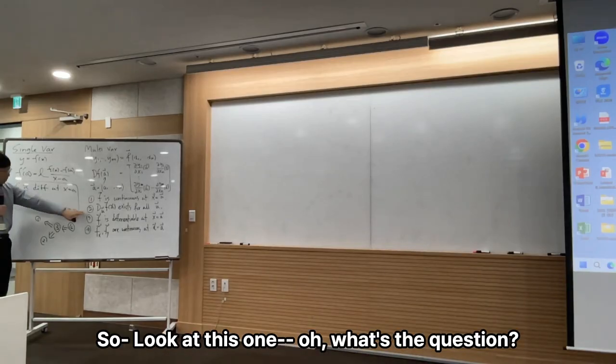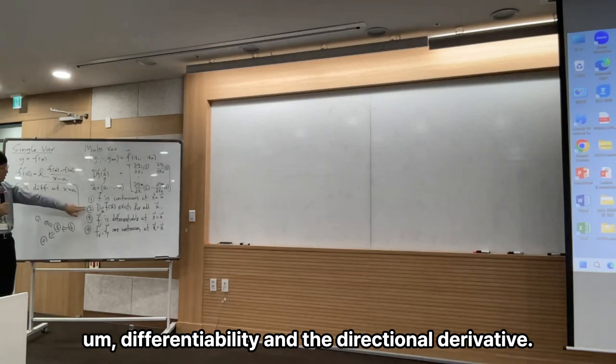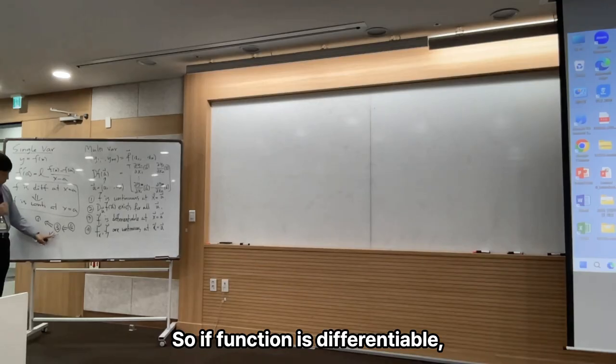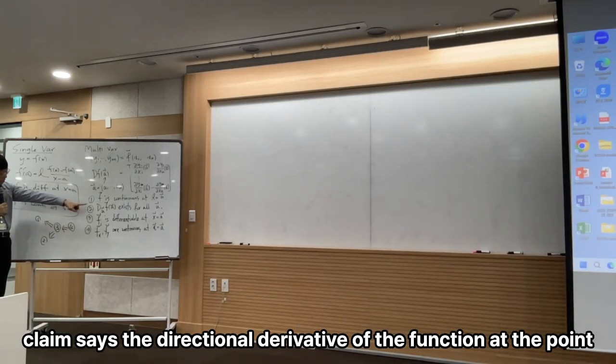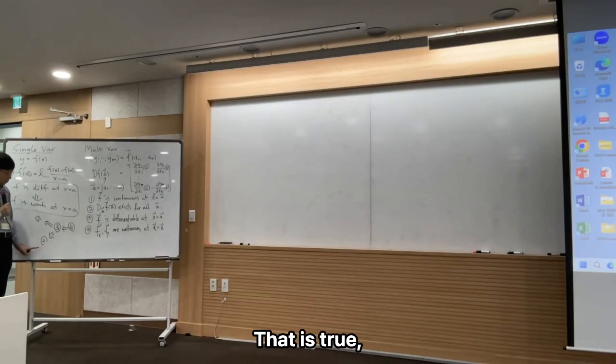So look at this one. What's the question? Well, you talked about differentiability and the directional derivative. So look at this, 3 implies 2. If the function is differentiable, then the second claim says the directional derivative of the function at the point a exists for every direction. That's true.